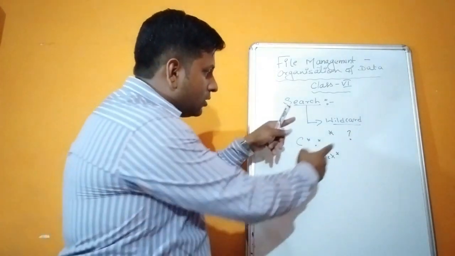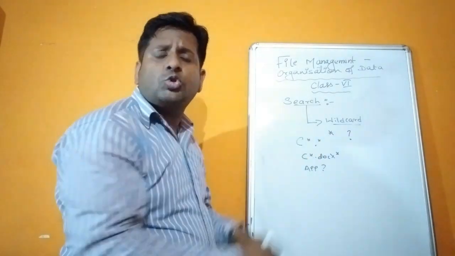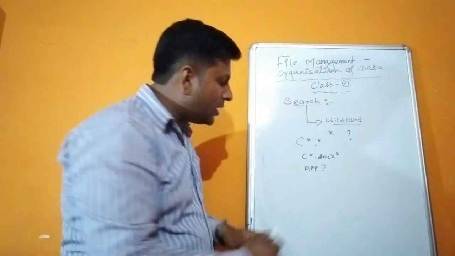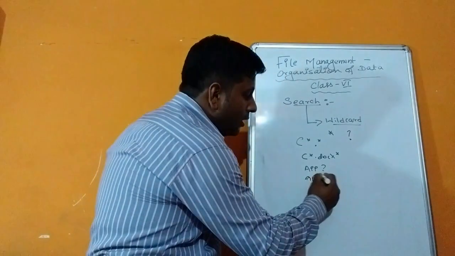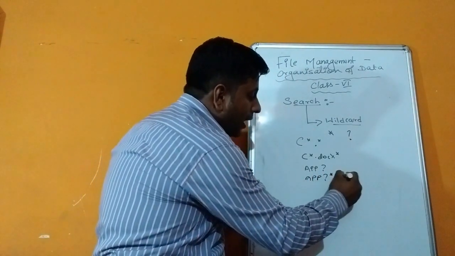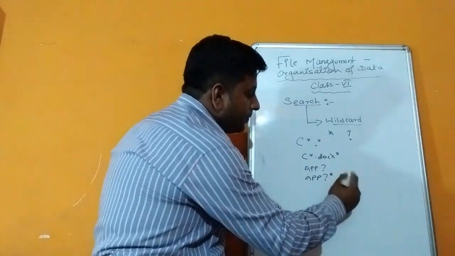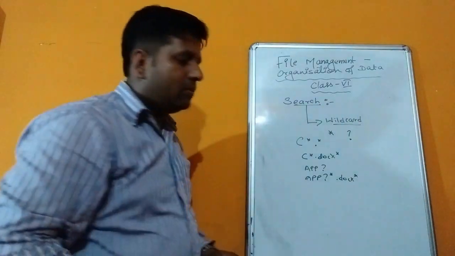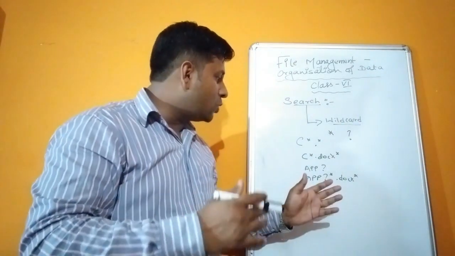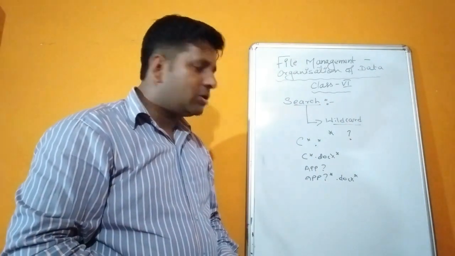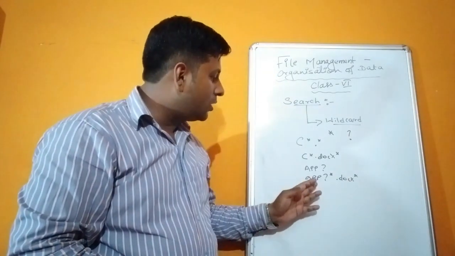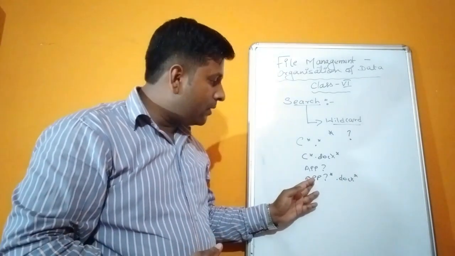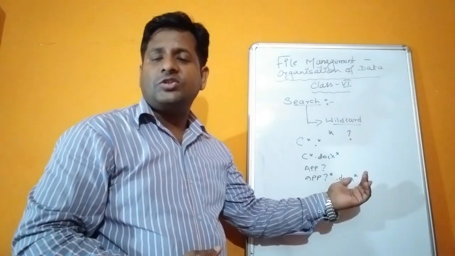Even both asterisk and question mark you can use together. That means you can give the first letters APP question mark, and here I can give dot, say, to be more specific, docx. Now this means what? This means you have to find the path which starts with app, that is application, and has a docx extension.